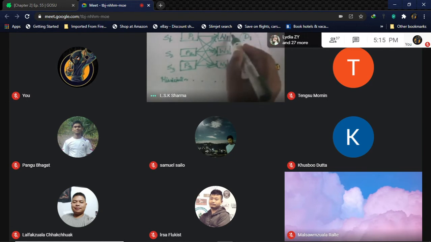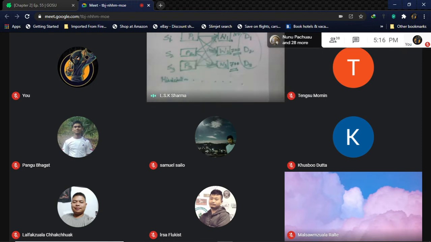That means if warehouse 1 needs 100 units, it should be filled with only 100 units. If warehouse 2 can store 200 units, it should be filled with only 200. Similarly, warehouse 3 can take only up to 700 units. So these need to be fulfilled.